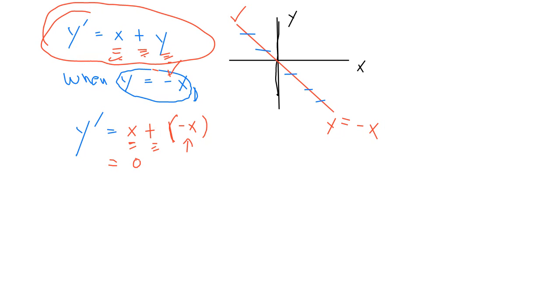Well, but if y prime equals 0, what kind of lines have slope of 0?